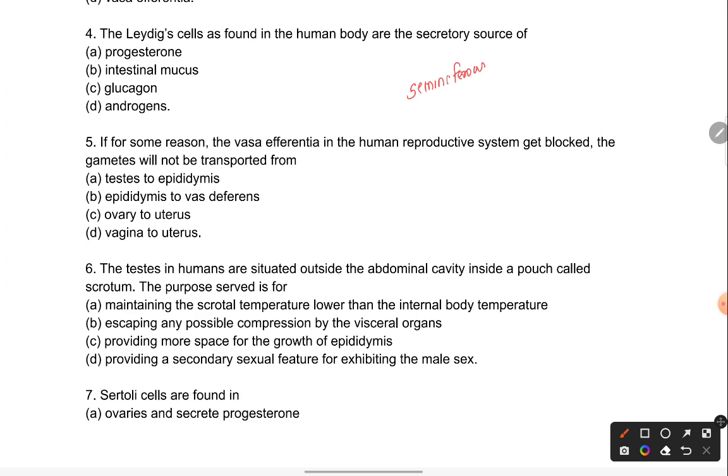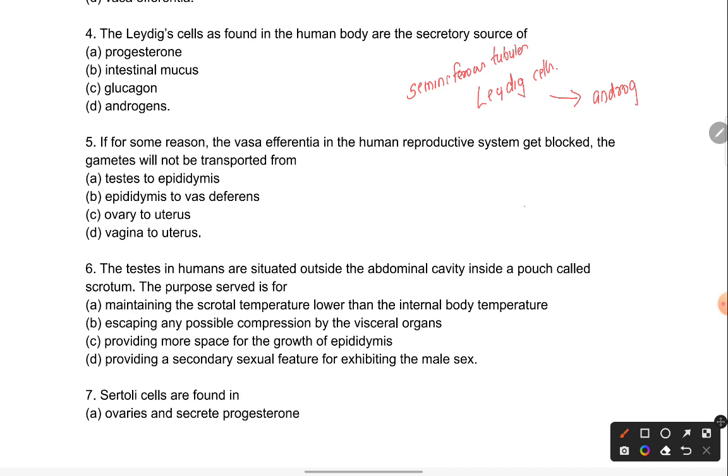Seminiferous tubules are those highly coiled tubular structures which can be seen inside the testis. In between the seminiferous tubules, we can see certain cells, and those cells are called Leydig cells. And what is its function? Its function is secretion of male hormones.